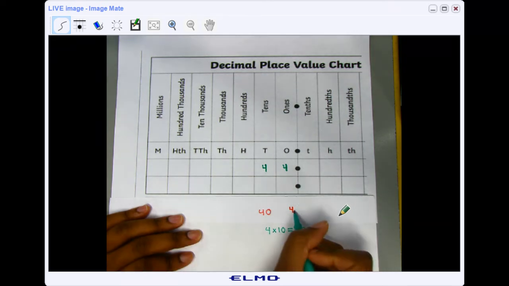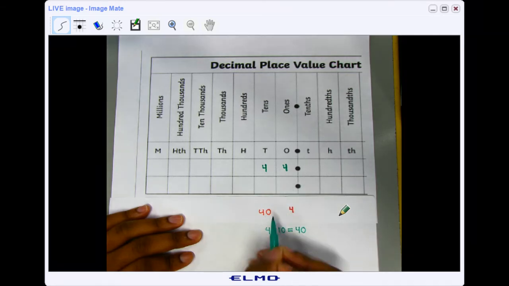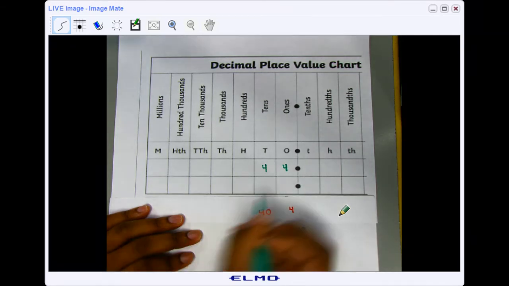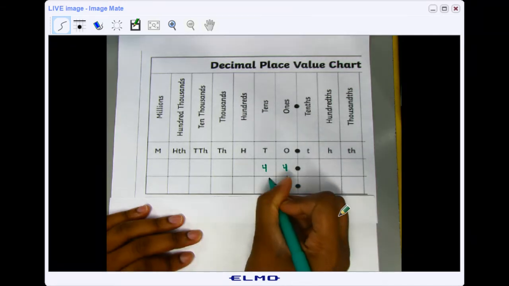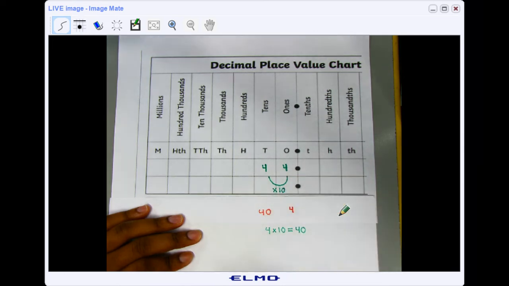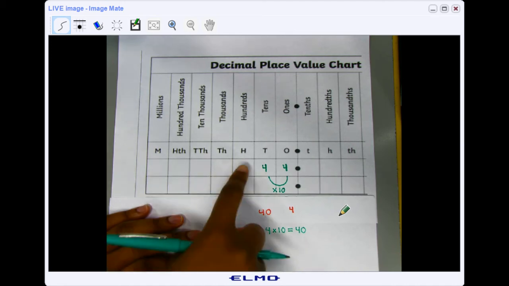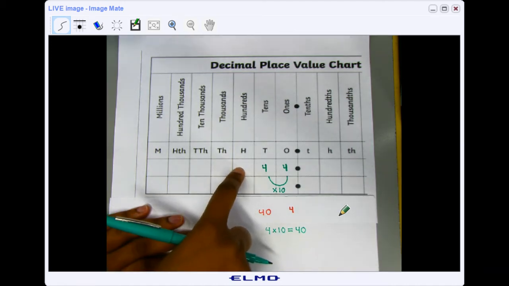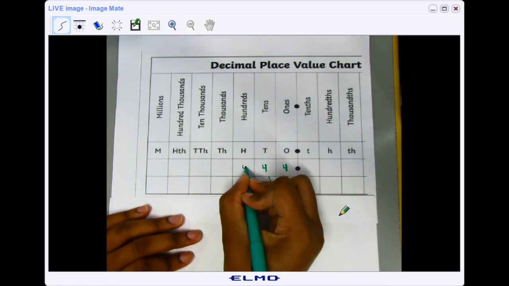Because when we multiplied 4 times 10, we got 40, showing me that when I move up a place value, it's the same thing as multiplying by 10. Let's see if this is true with the hundreds place also. I'm going to put a 4 in the hundreds place.